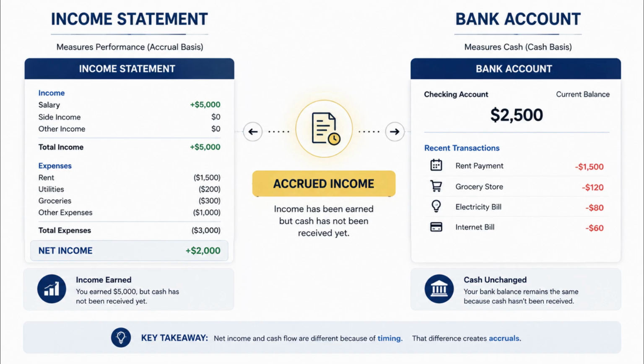So for example, suppose that you earn a $5,000 salary but haven't been paid yet. Your income statement shows all of the income that has been accrued, but your bank account has not changed. Why? Because income has been earned, but cash hasn't been received. And that creates the accrued wages receivable.